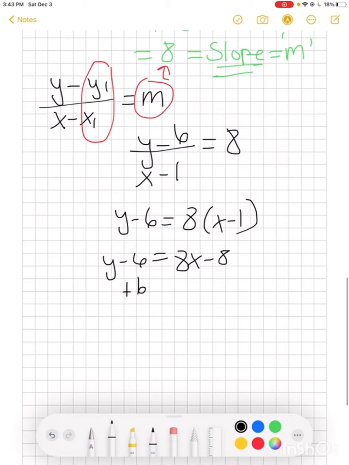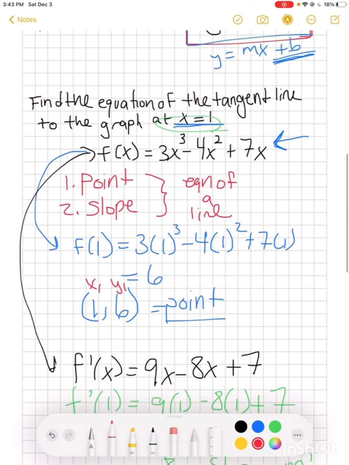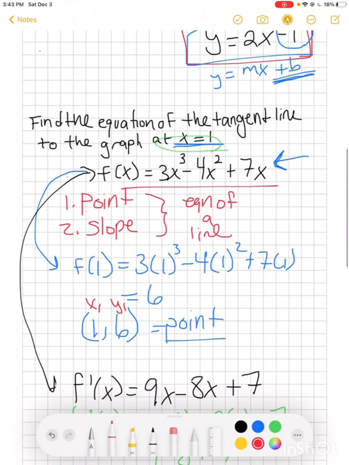Distribute that out, and then we're going to add 6 to both sides. And we finally get that y equals 8x minus 2. And that is our final answer. And this is our equation of the tangent line at x equals 1 for this original equation up here.